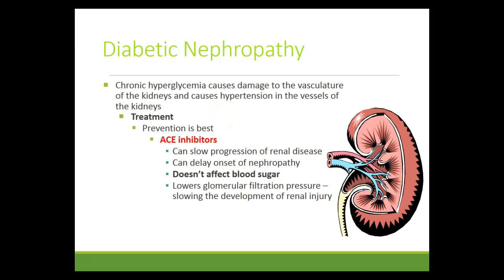It can help slow the progression of renal disease and delay the onset of nephropathy. It doesn't affect blood sugar, and it will lower the glomerular filtration pressure, which slows down the development of renal injury caused by hypertension in the vessels of the kidneys.